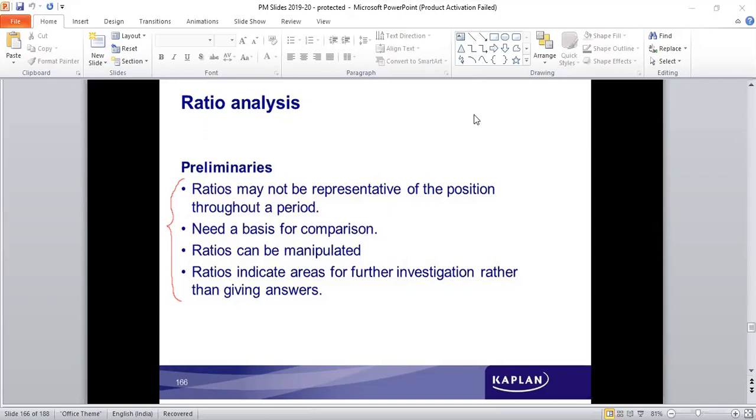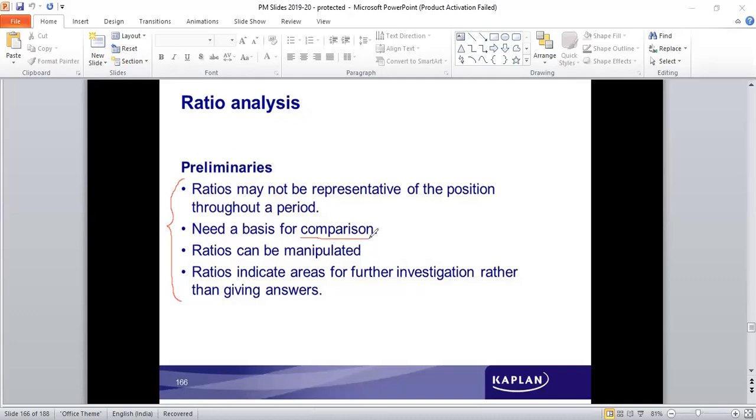If there is a profit margin of 10%, it may look pretty good, but unless it is compared with some other entity, maybe a competitor or the industry average, it is not known whether it is good or not. It should be compared, and on comparison only can we understand it better.